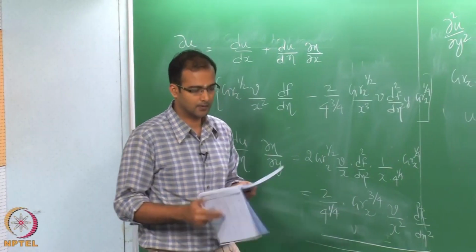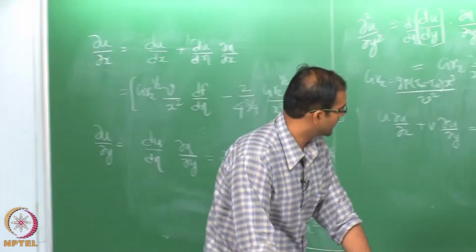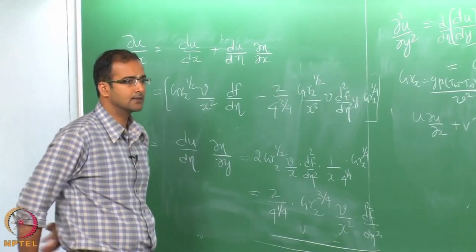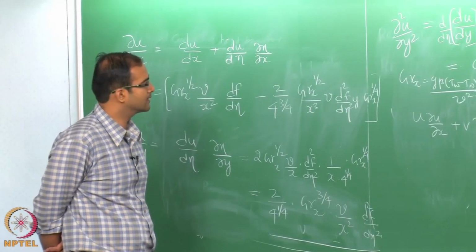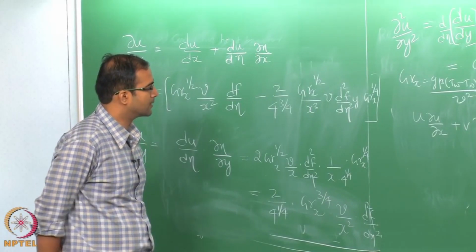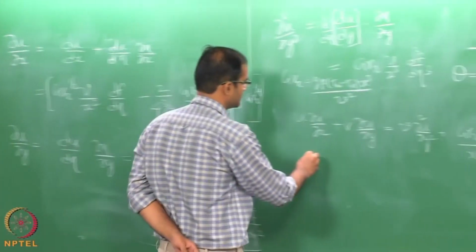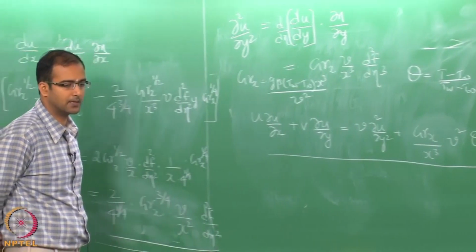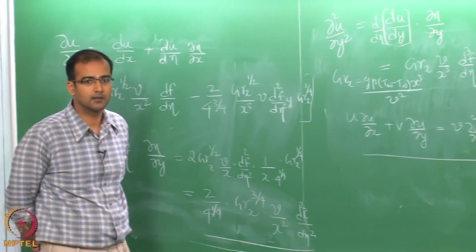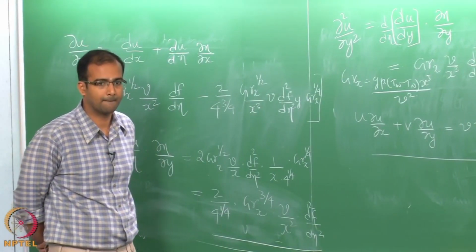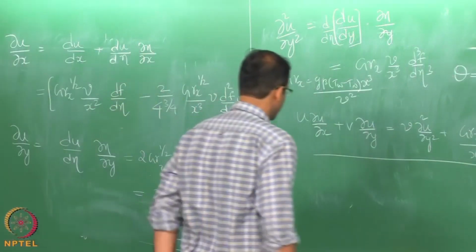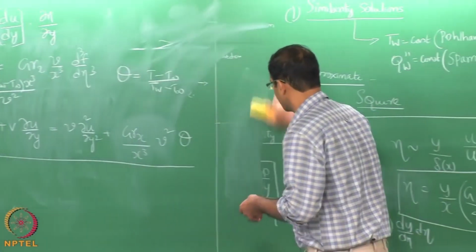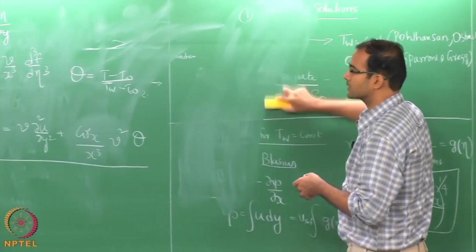So, please plug in the other terms, you will get some terms cancelled, and tell me what will be the final equation. Will you be able to transform the PDE into an ODE function of eta? Okay. As you keep doing, I will also write down the energy equation.